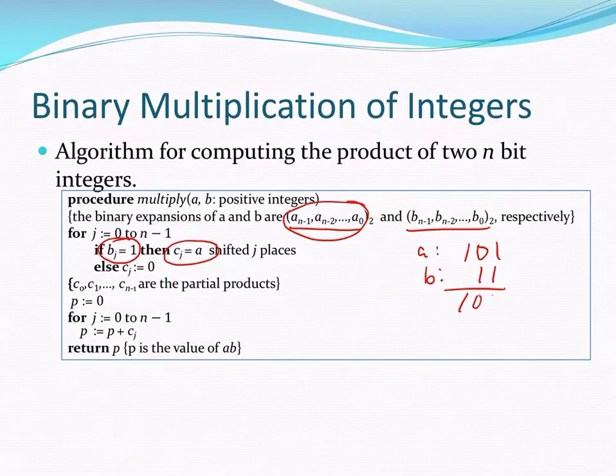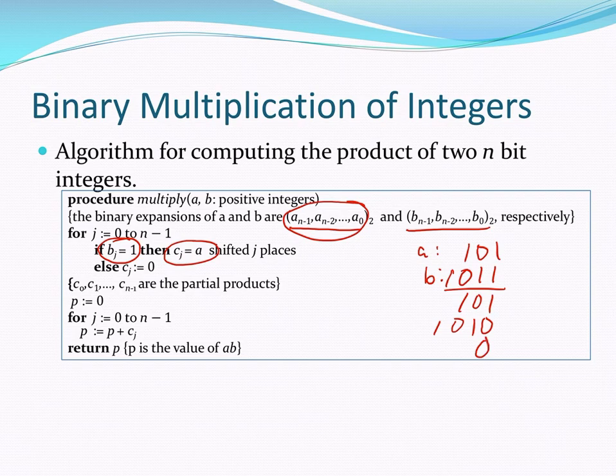The first thing you're going to write down is 101 shifted 0 places. But then for the next one, you're going to write 101, and then there's an implied 0 here. That's a shifted 1 place. And if I had a 0 and then a 1 here, I would get a 0 for that third row.